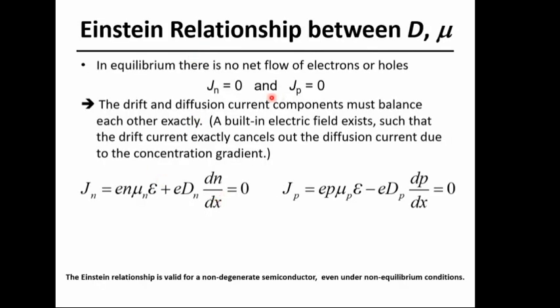Okay, Einstein relation: we said in equilibrium, there is no net flow of current of electrons or holes. Why? Because we don't have an external applied potential. We're talking only about the built-in electric field that exists, which you will see when we reach the PN diode in the coming few lectures.